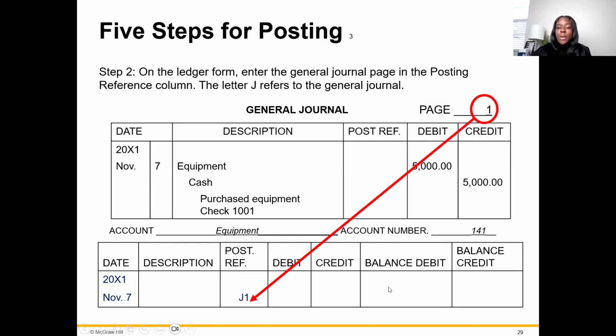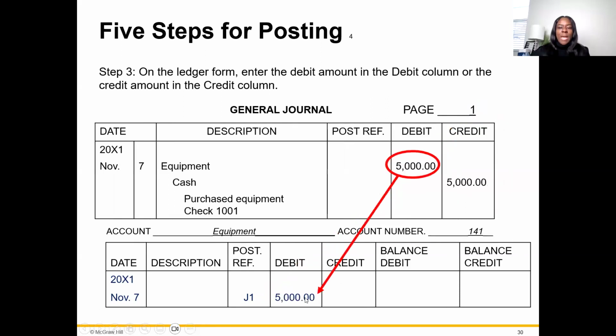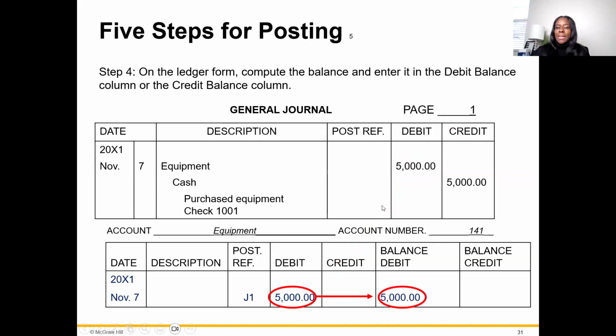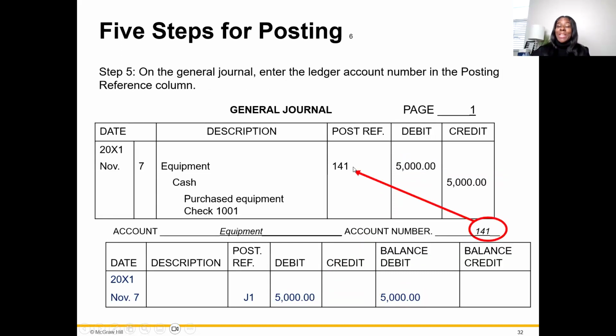So if I'm looking at this journal, this entry here, I can say, oh, this was wrong. I could go look at the initial journal entry and do my correction. And so notice we post the 5,000 here, debit balance here, and we push this post reference number back here. See, I told you, I figured it will probably already be here.